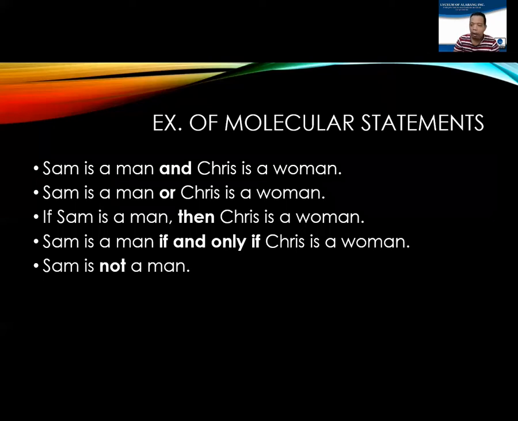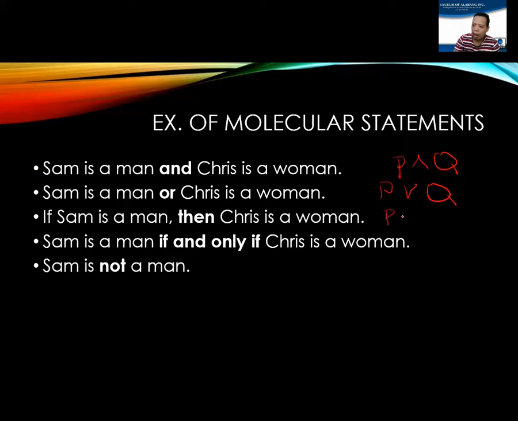So take note again of our example a while ago. Using the logical connectives, if we are going to convert this molecular statement into a well-formed formula, if our first sentential variable P is equal to Sam is a man and Q, Chris is a woman, then P and Q. This one is P or Q. The third one, if Sam is a man, then Chris is a woman.